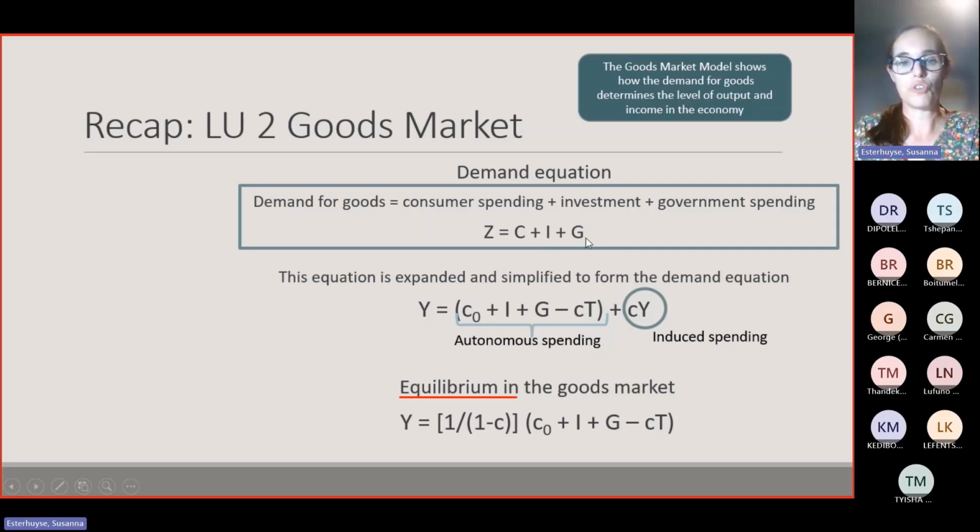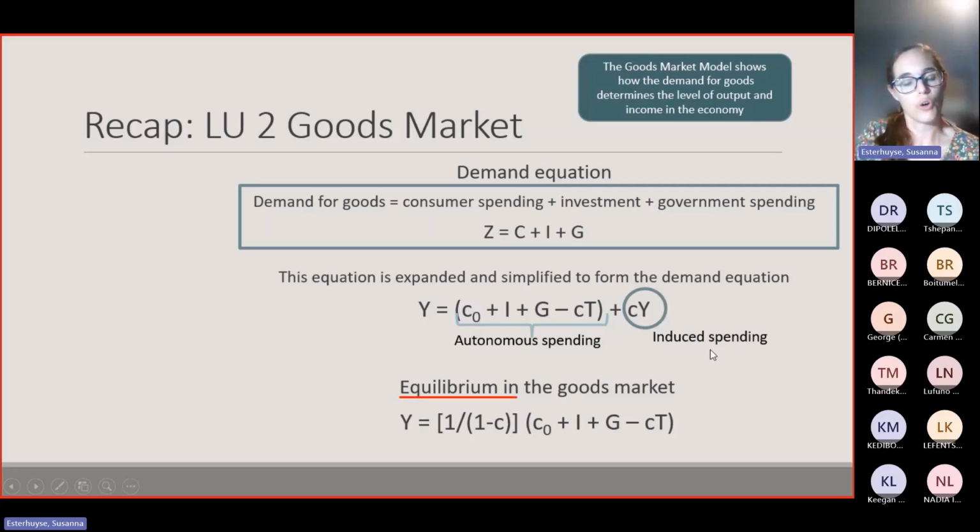And then we expanded this equation, breaking all these components down into the smaller parts that made them up, and we were able to simplify the demand equation so that it consists of autonomous spending and your induced spending.